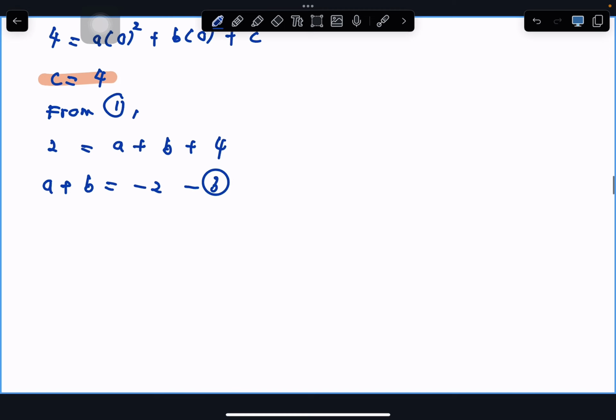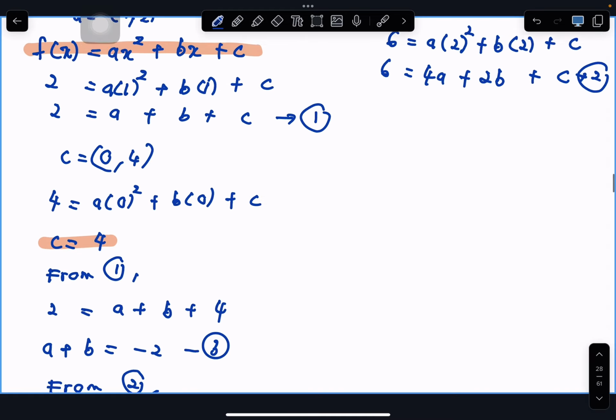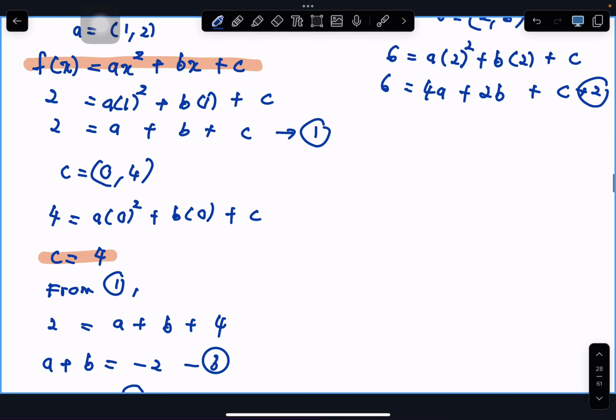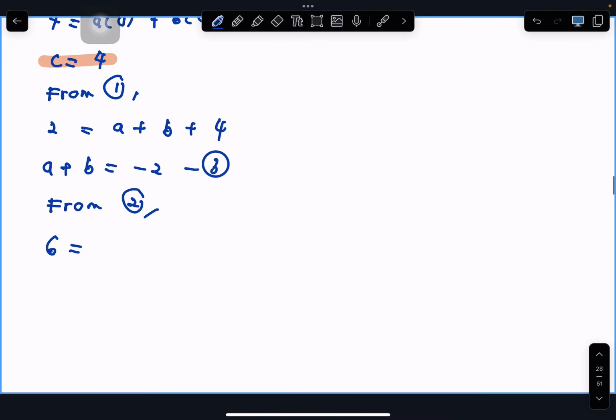From equation 2, we have 6 equals 4a plus 2b plus 4, because our c is 4.